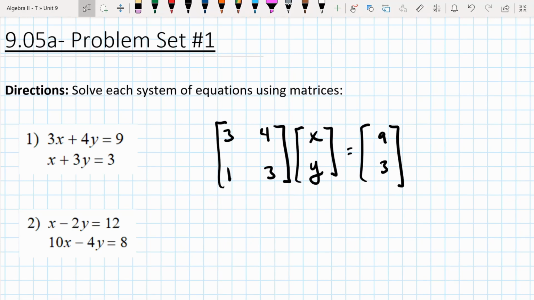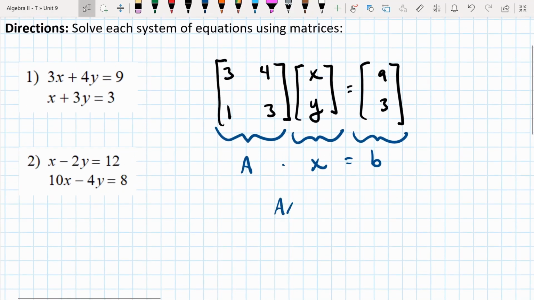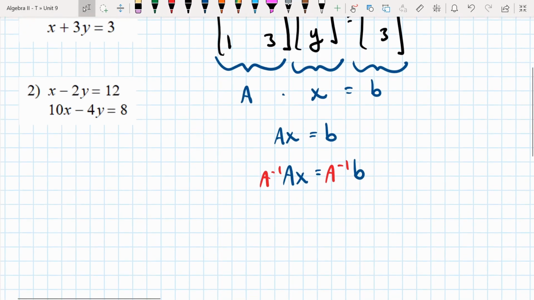So what we end up with is A, here's our x, and this is our B. So we have Ax equals B, which means that we're going to take the inverse of A and multiply it to both sides of this equation. A and the inverse A cancel out on the left-hand side, and we're left with the following.